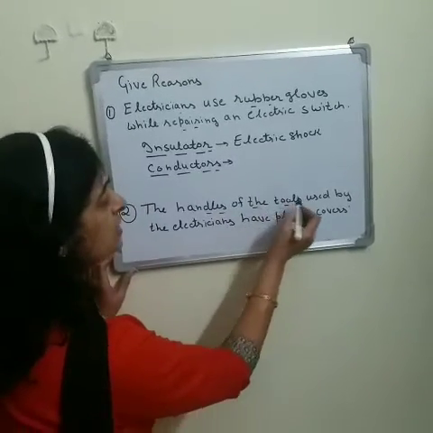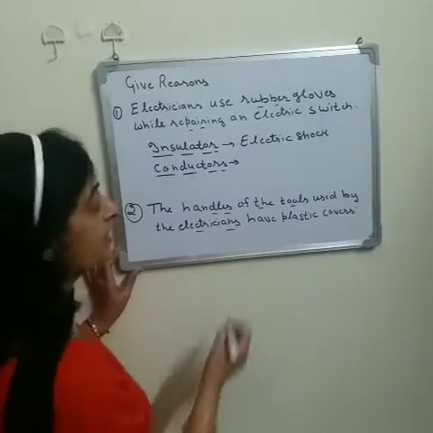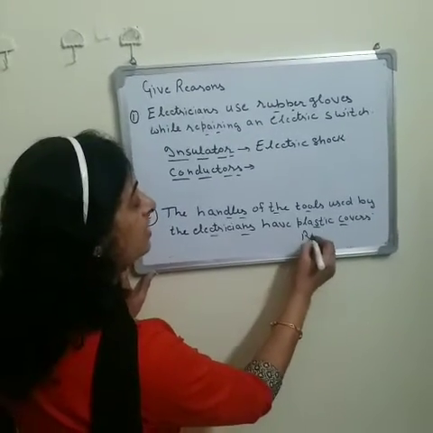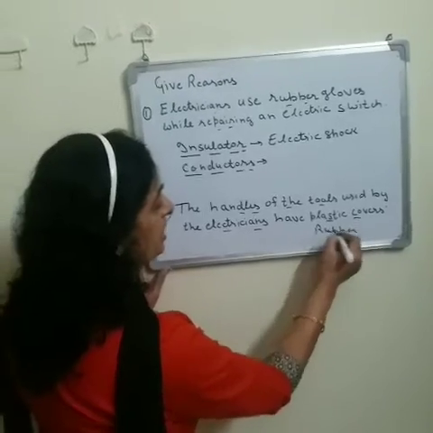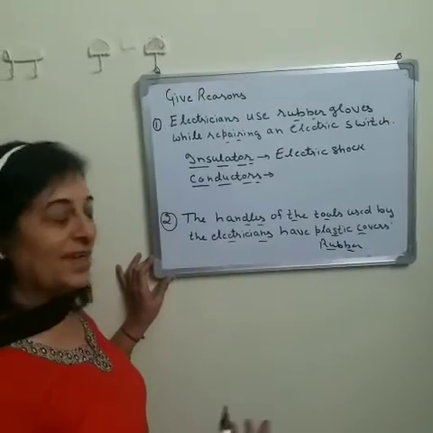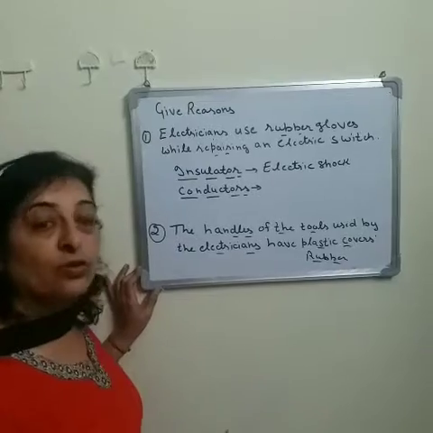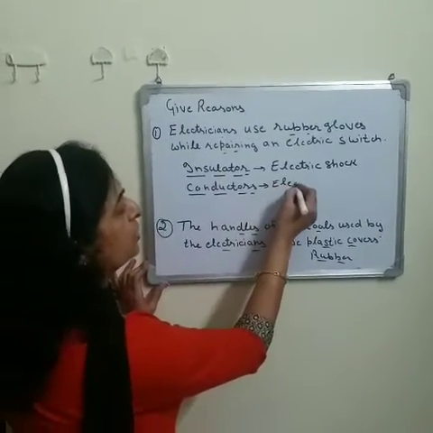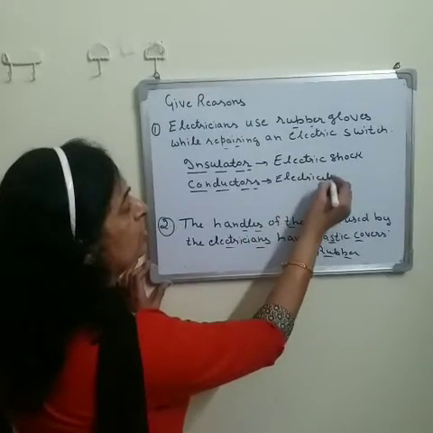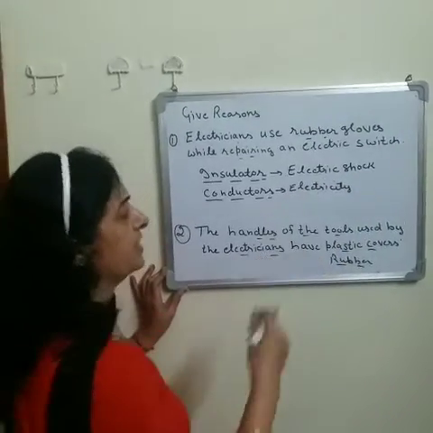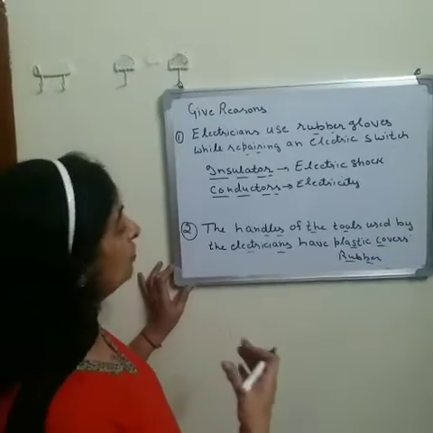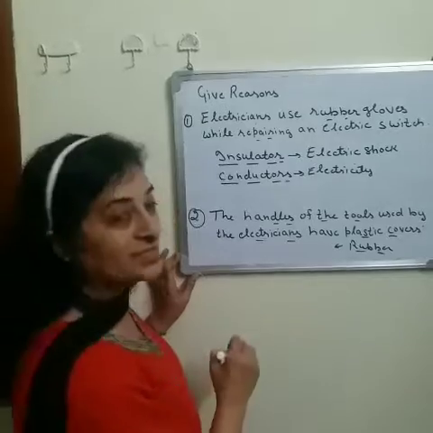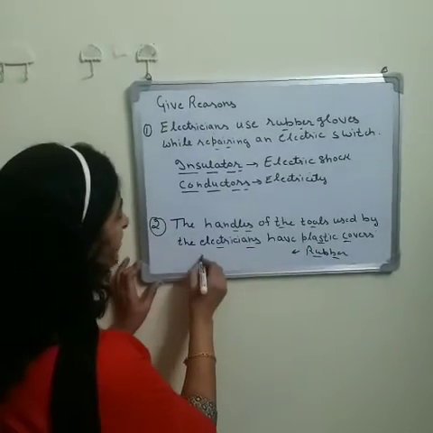The handles of the tools used by electricians have plastic covers or rubber covering. Can you tell me why? Again, the same reason: the human body is a conductor of electricity, so we can easily get a shock. We can prevent our body from shock if we use an insulator.